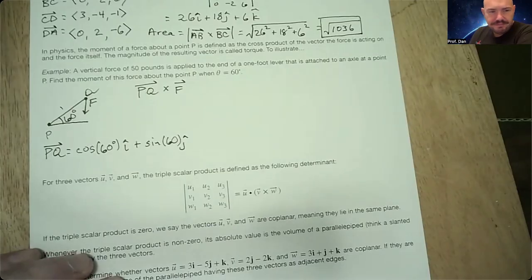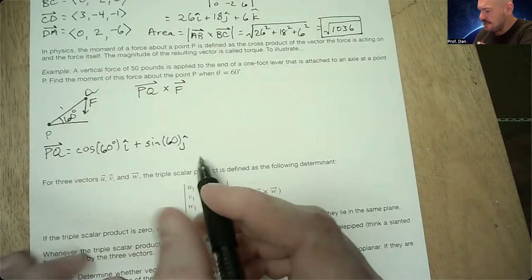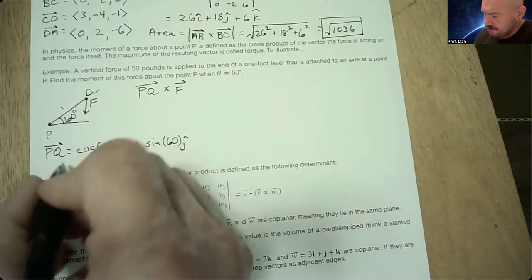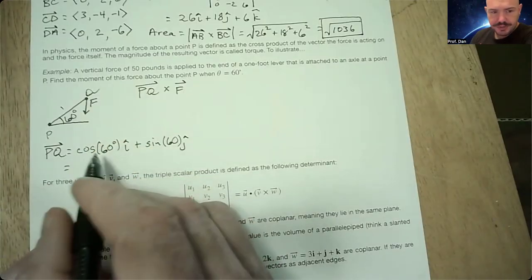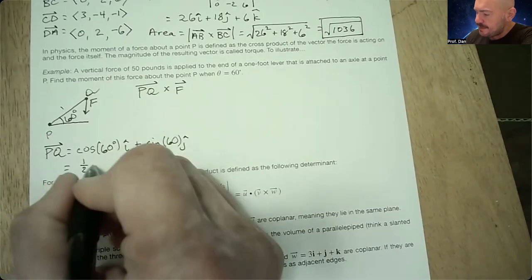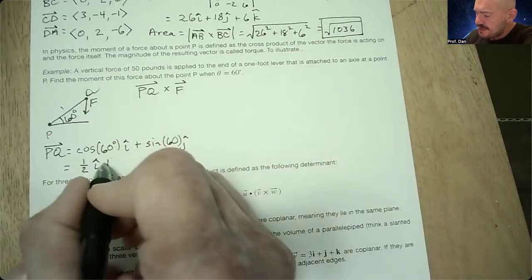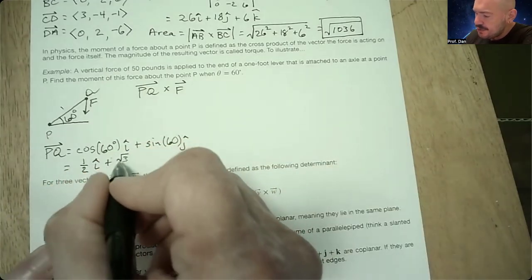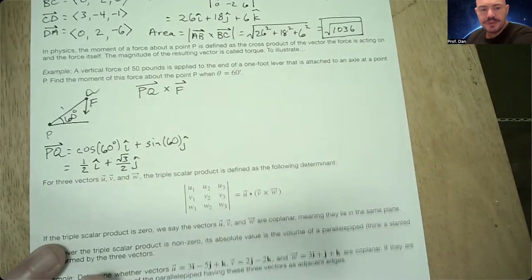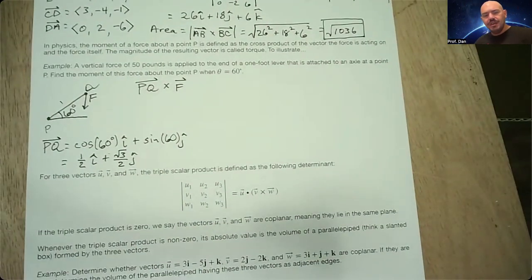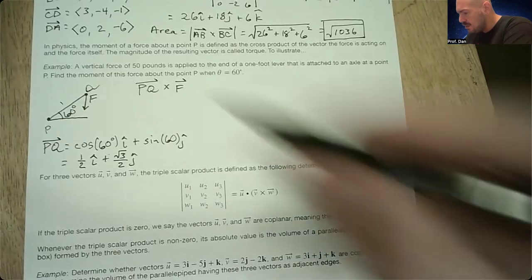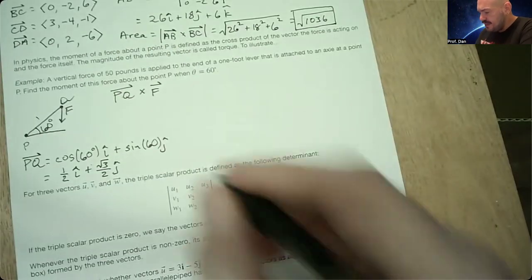All right. So remembering our unit circle, we know that cosine of 60 degrees is 1/2, and sine of 60 degrees is the square root of 3 over 2. And here we don't have a k component, right? We're just considering this as a, well, really thin lever in a plane, which is also fine because guess what?